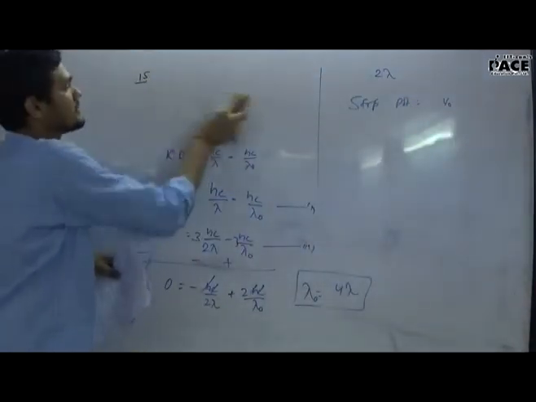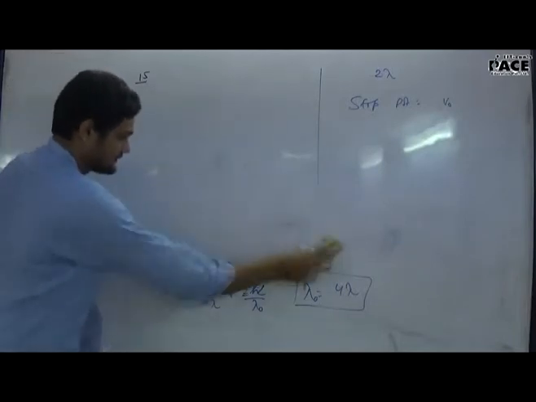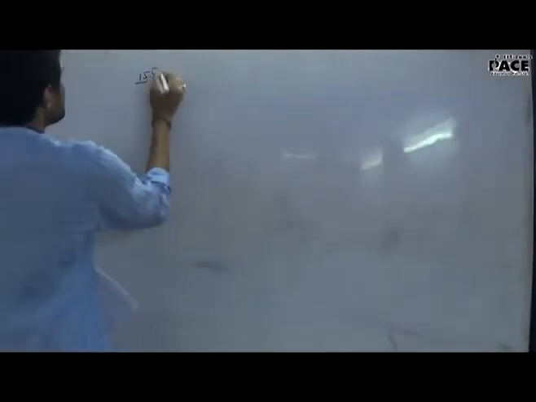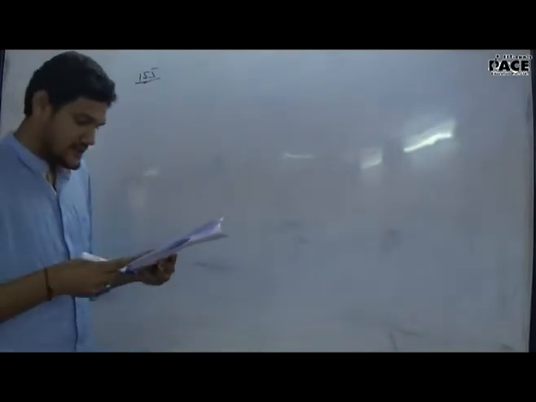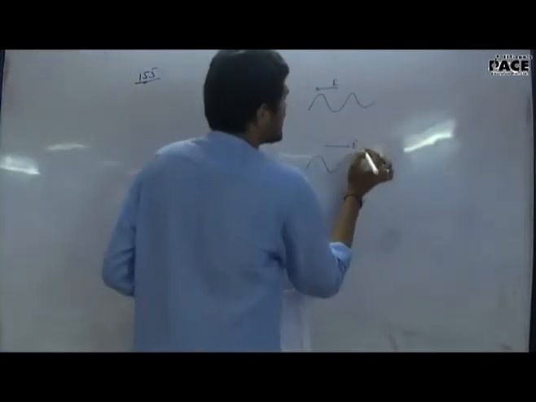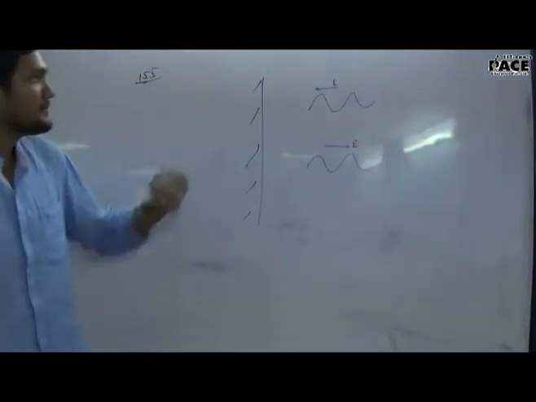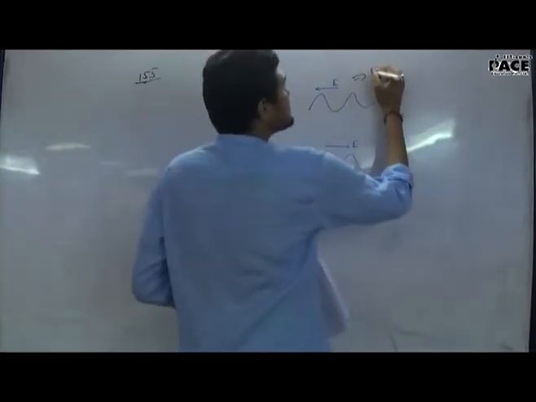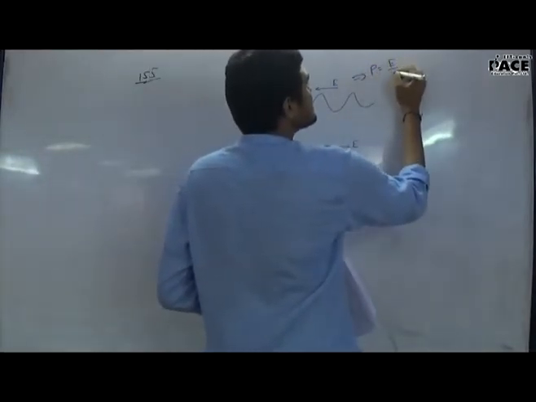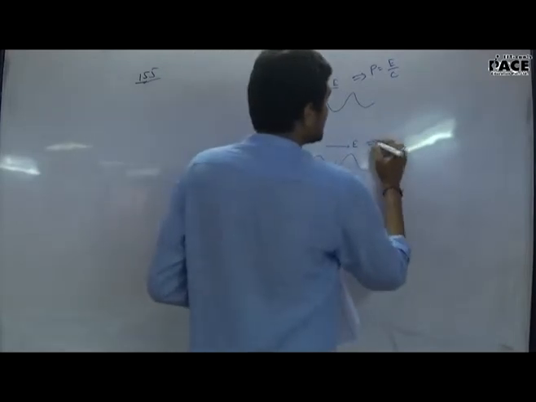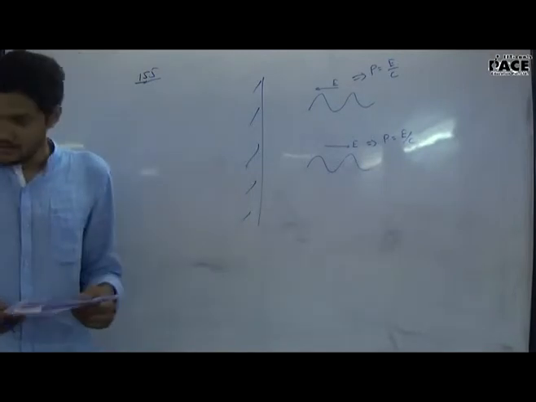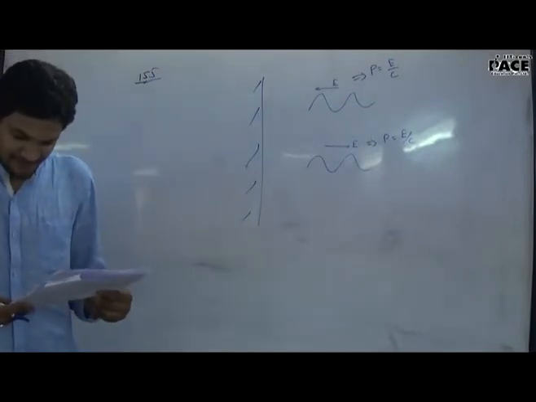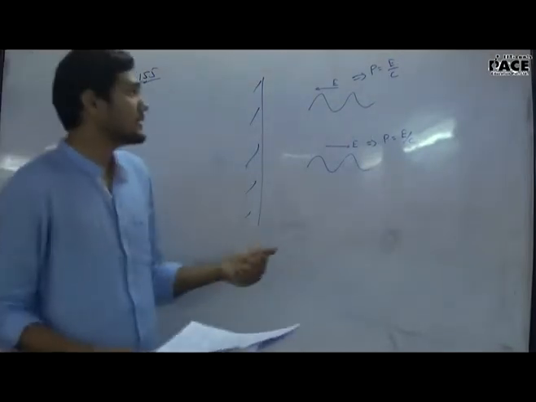Now we'll move on to question number 155. A radiation of energy E falls normally on a perfectly reflecting surface. The momentum that it carries is E upon C. We have to find the momentum transfer.